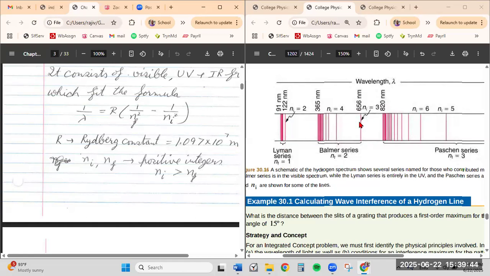Similarly, these lines that are observed in the spectrum correspond to what's called the Balmer series, in which NF is 2, and then Ni has these values here.